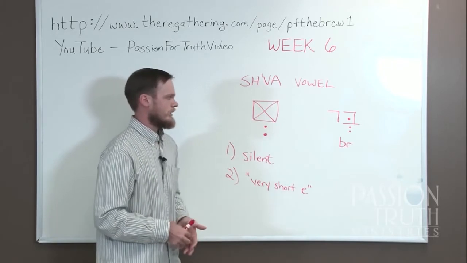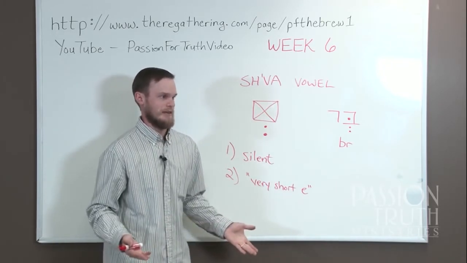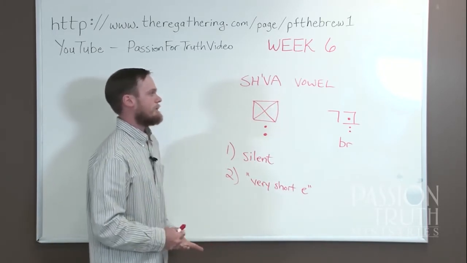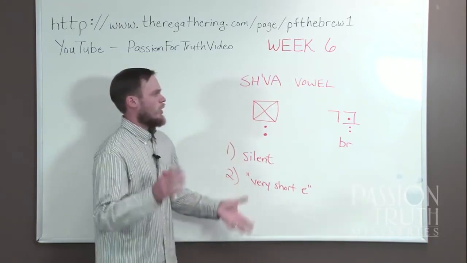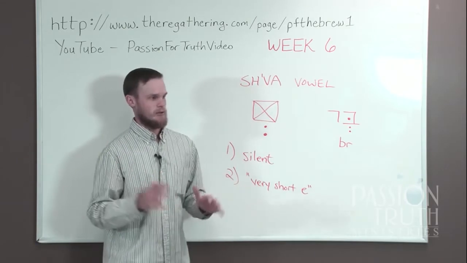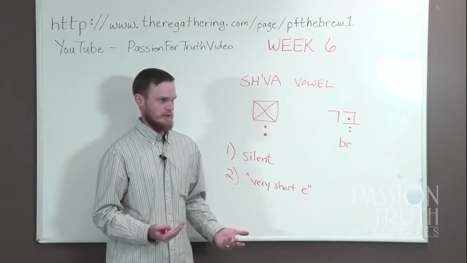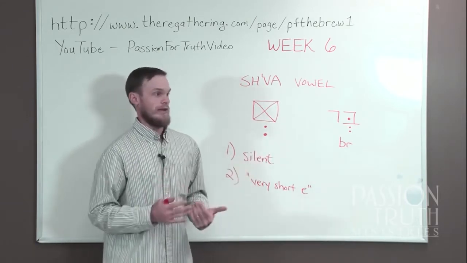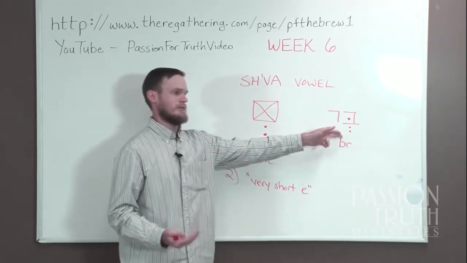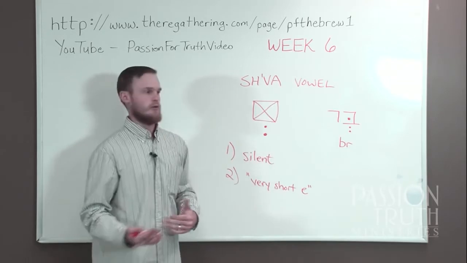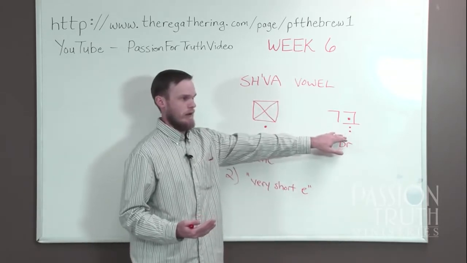It seems kind of silly at first glance to have a vowel that doesn't make a sound. However, there is a good reason for it, because when you start adding things to words, adding prefixes, adding suffixes, vowels within the word will actually change. And so sometimes vowels will change to a shva, and sometimes they'll change from a shva. So there is a reason to actually have a marking there.